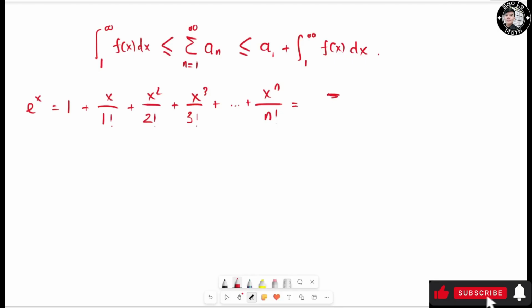It's actually the sum of x to the n over n factorial when n goes from 0 to infinity. So basically you just check the general term, you put it over here, that's it. And you know that the interval of convergence of this series is negative infinity to positive infinity.